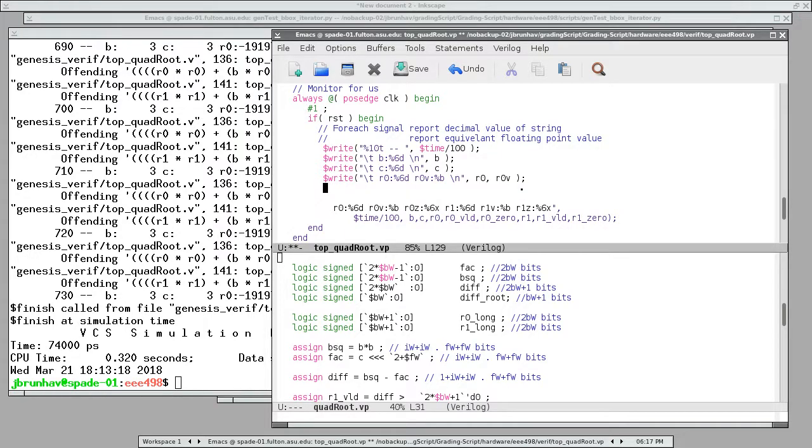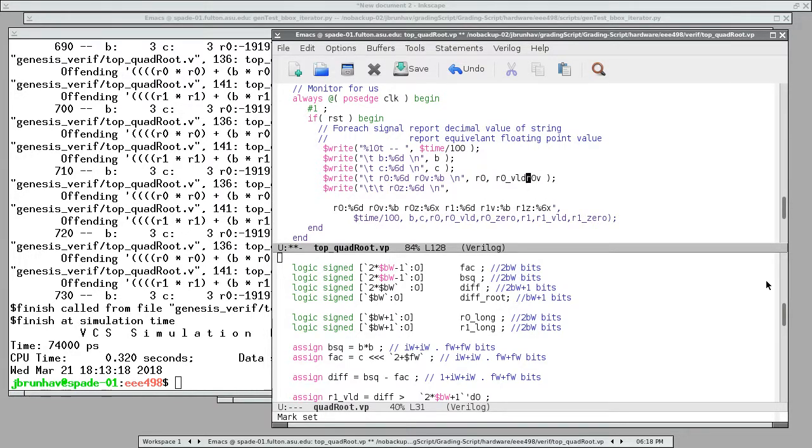dollar right /t/t R0 0 %6D R0, and this was R0 valid.